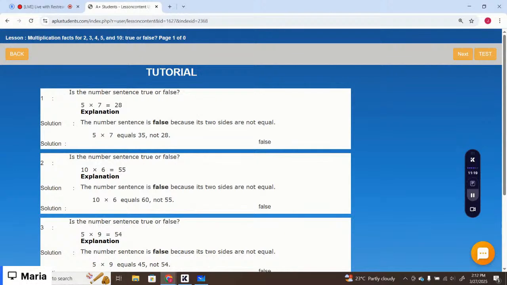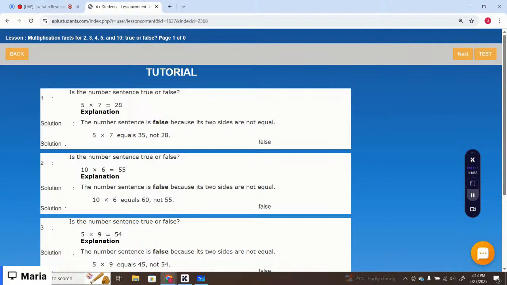Is the number sentence true or false? 5 times 7 equals 28. Is it true or false? 5 times 7 is 28? False it is, because 5 times 7 is 35.